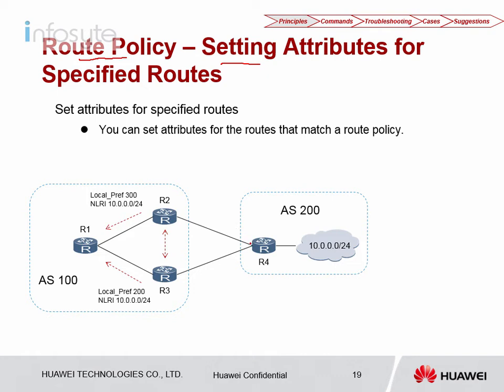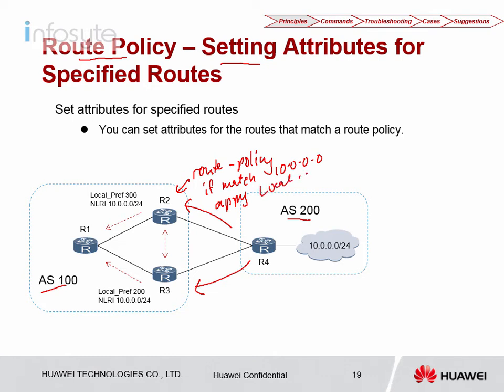In this topology, I have two AS numbers, AS200 and AS100. Now, AS200 advertises the route to both R2 and R3. Okay, so R2 sets a policy. So we have a route policy over here. This route policy matches this network, and I'm going to apply a local preference of 300.